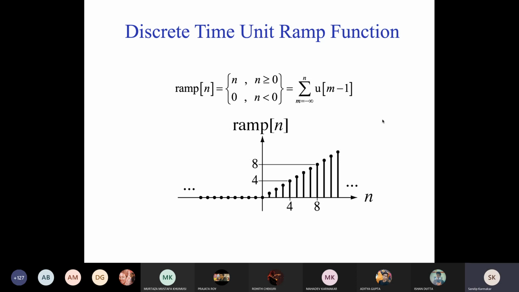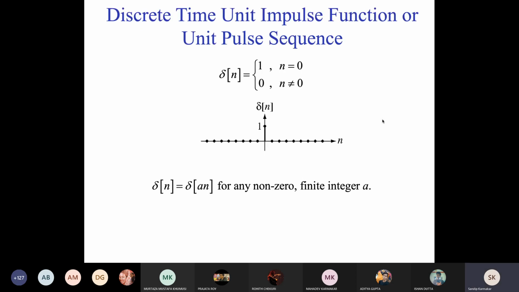It is a sampling of the continuous time ramp function at different points, where n is equal to the period, which is 1. Right? Yes, sir. Right.